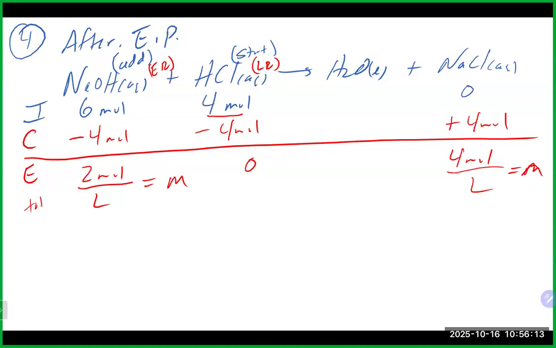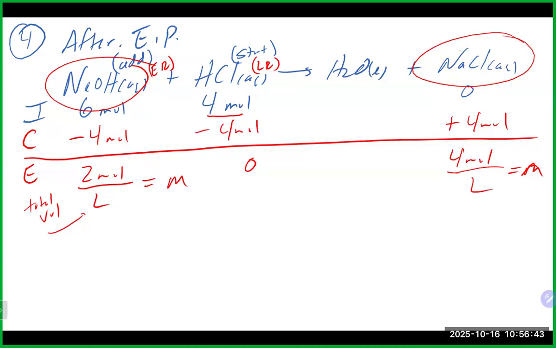So again, total volume. And once again, if we take a look at our ice table to see what we got going on, we got sodium chloride and sodium hydroxide. Is that a buffer? That is not a buffer. Those two things are not related to each other, right? So again, just because you have two numbers, don't be tempted to Henderson-Hasselbalch this thing.